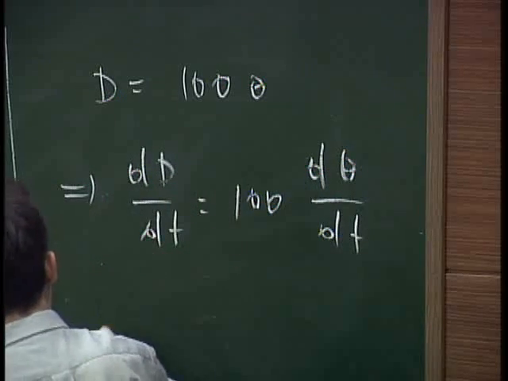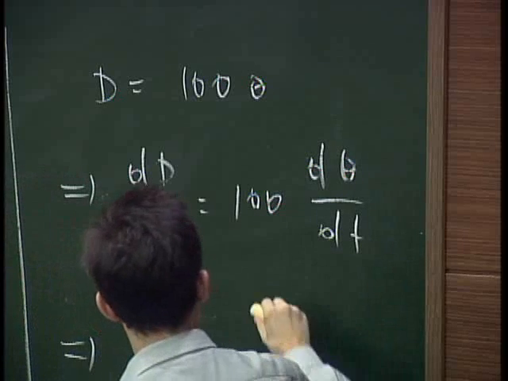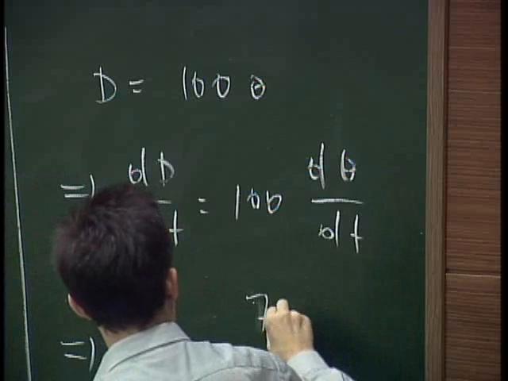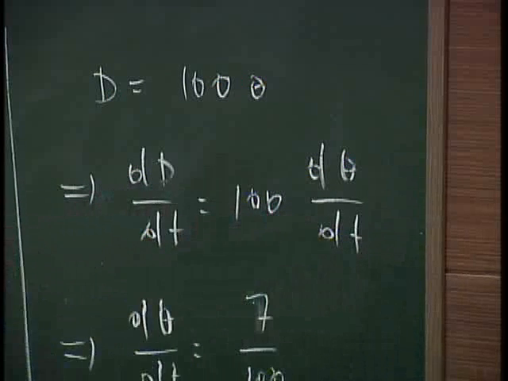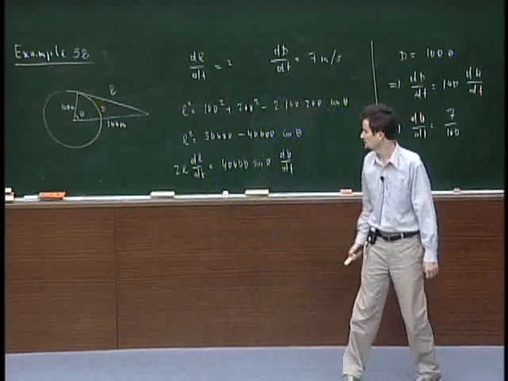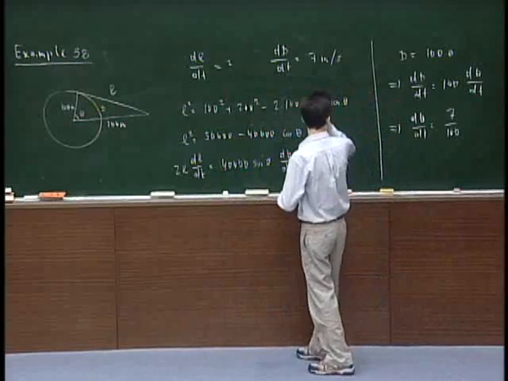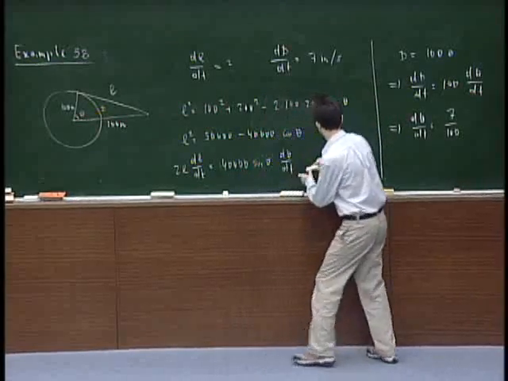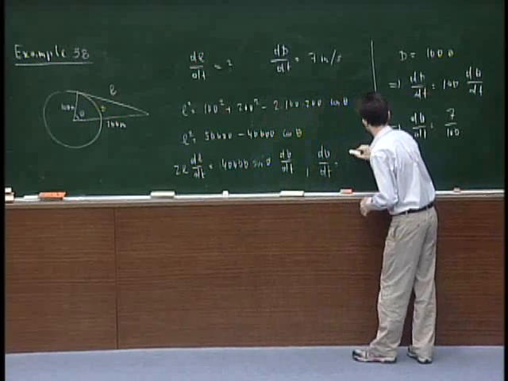So you see that d theta over dt is equal to 7 over 100. That's the first thing. Now, we know L is equal to 200. So for this point, we have to find the rate of change. So we have to find theta for this situation. So maybe I just write this, what I just have done here.